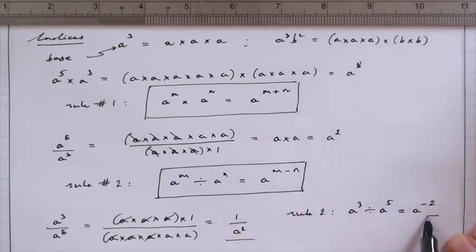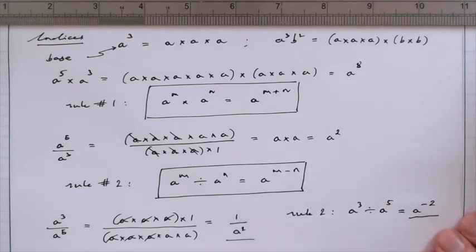And so if I compare the outcome of rule 2 with this simple demonstration, I see that I can connect 1 over the base to a positive power with that same base to a negative power. So 1 over a squared is the same as a to the negative 2, and vice versa.